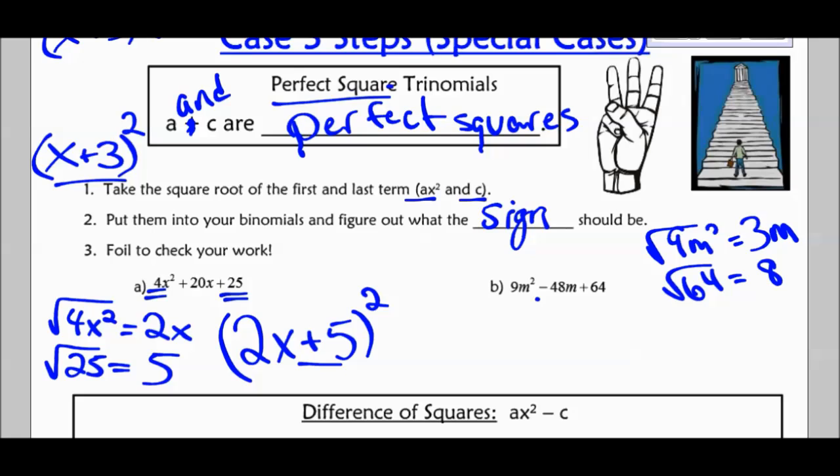But we need a negative 48 in the middle. It's going to be a negative 8. The reason that still works is because this is a positive 64. Negative 8 times negative 8 is still giving us a positive number. What happened to that negative 48 and why? We're going to FOIL that.